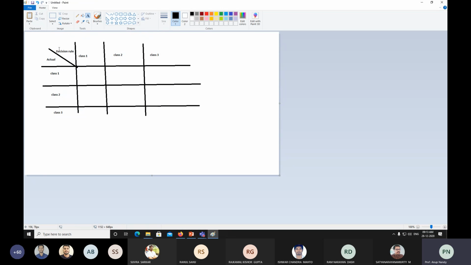Now you apply some decision rule. Suppose x is a point that needs to be classified.